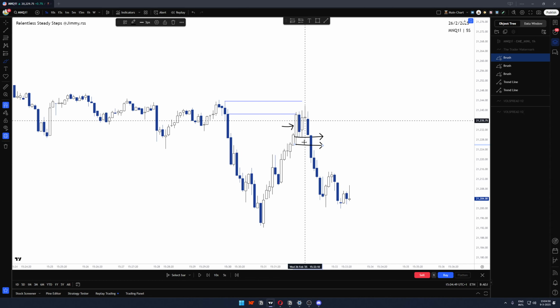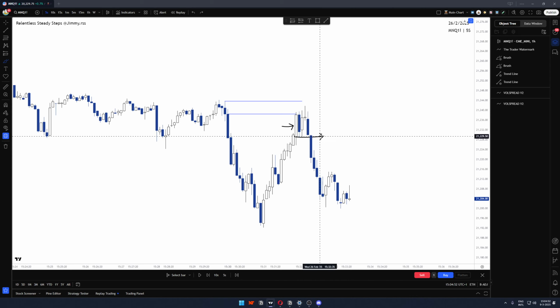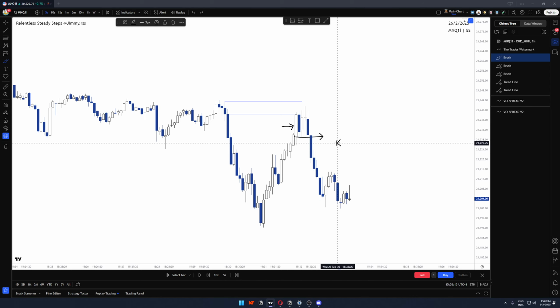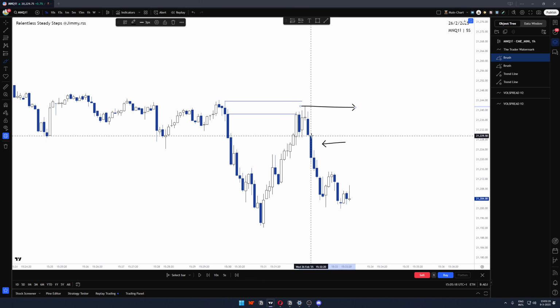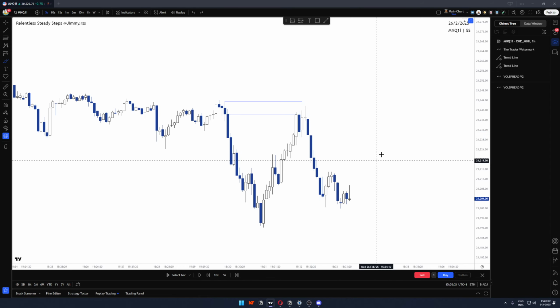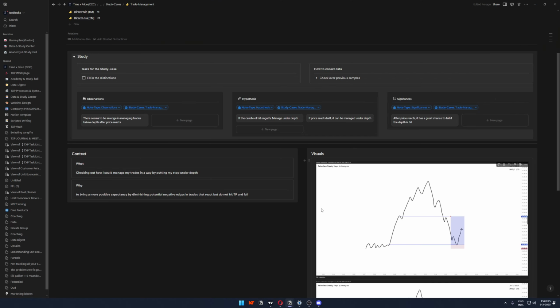So once price engulfs this and closes or even comes below, that is a distinction on its own. So I'm able to check if it clearly needs to break or that it simply needs to break the low or hit below the low in this instance of this candle. So after this has been done, I could have managed my stop to move it under depth right here after this candle right here. So that is an example of a hypothesis I had about the trade management study case.